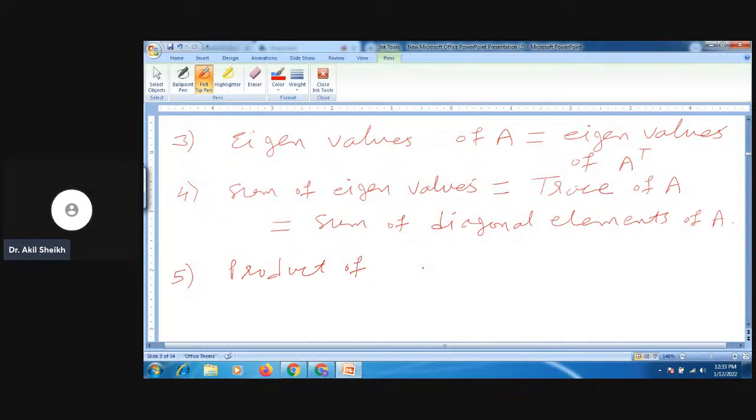Product of eigenvalues is nothing but the determinant of the given matrix capital A.